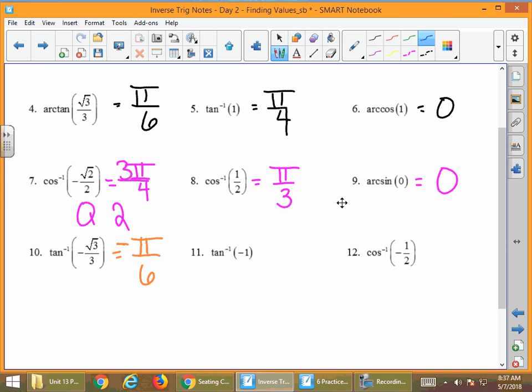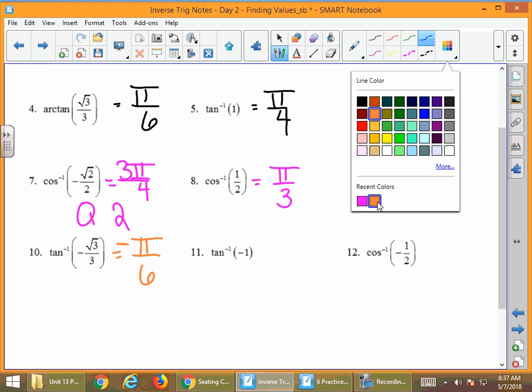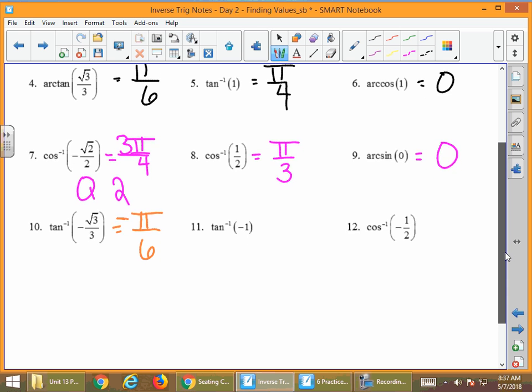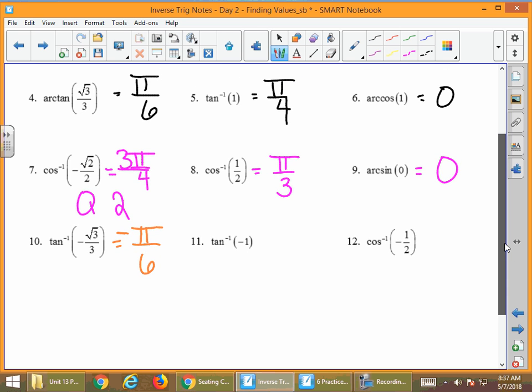Inverse tangent of negative 1. Again, if we look up at 5, the inverse tangent of 1 is pi over 4. So if it's negative 1, it's going to be negative pi over 4.